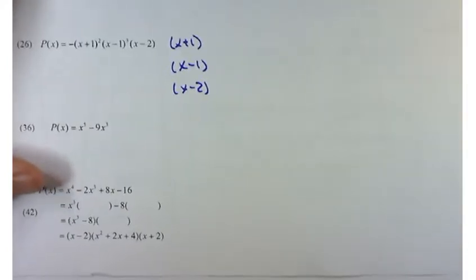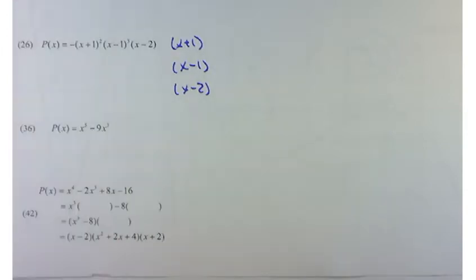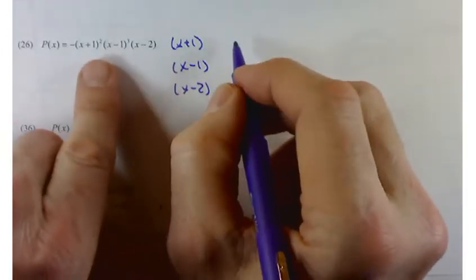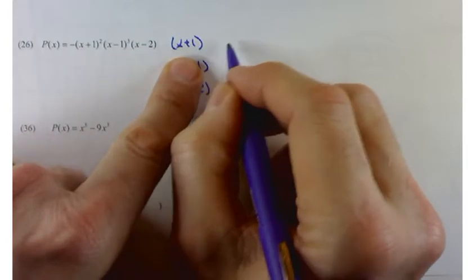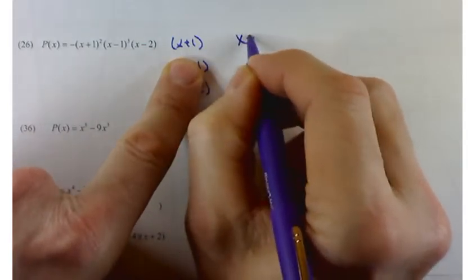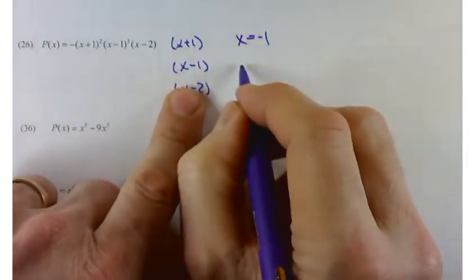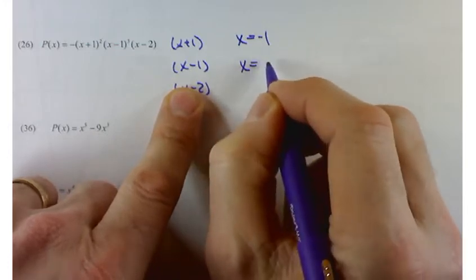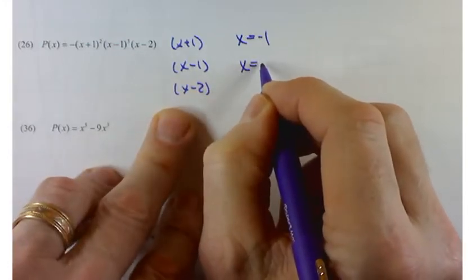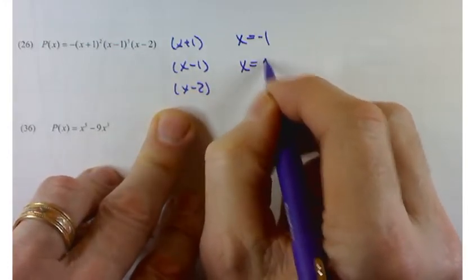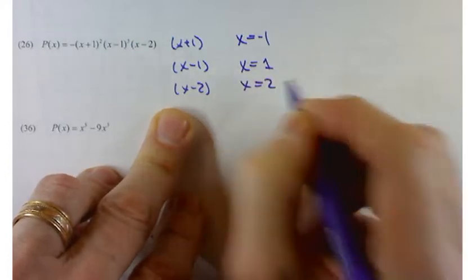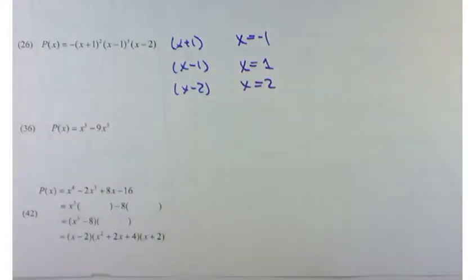These binomials correspond to different roots. So what's the root that this one corresponds to? X equals -1. X equals, what else? 1. And x equals 2. Now what are the multiplicities involved for these roots?